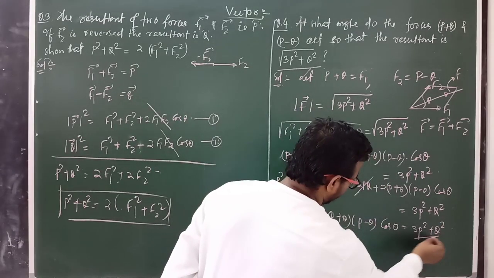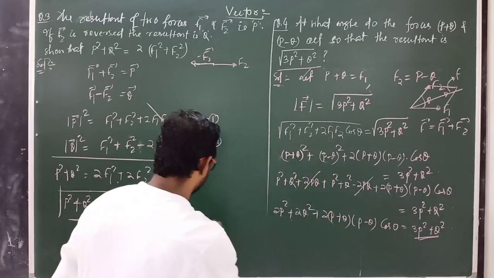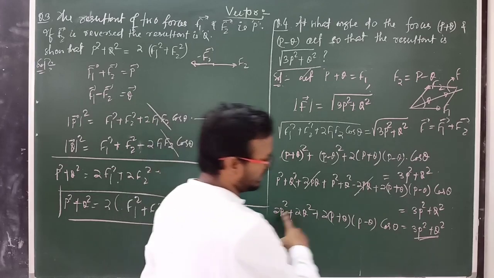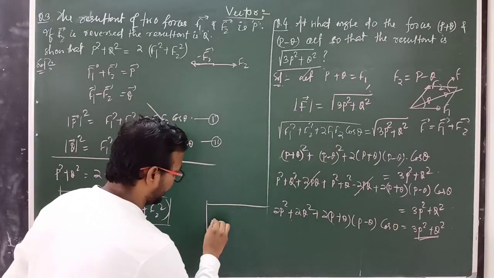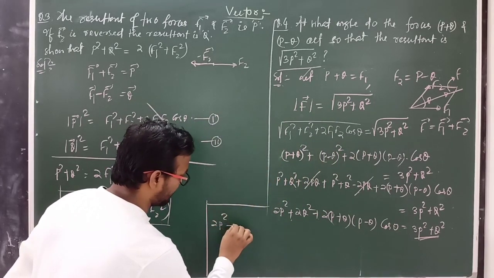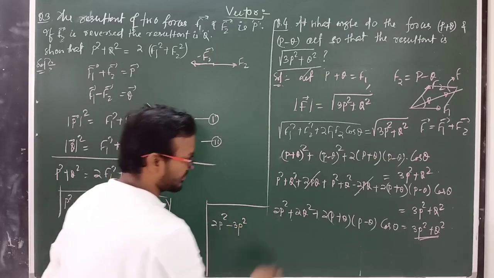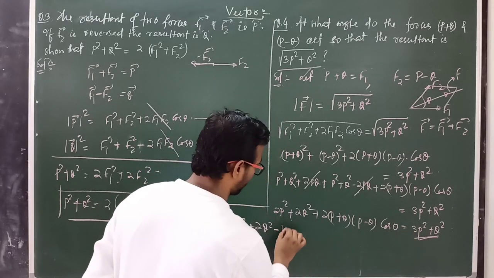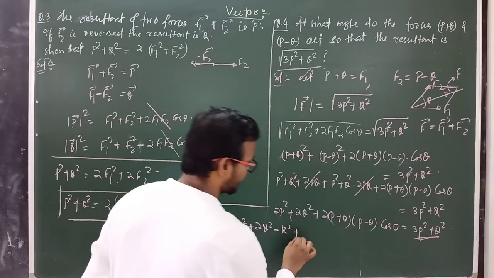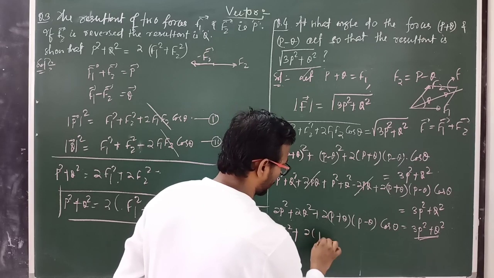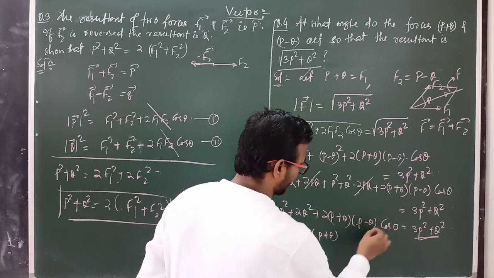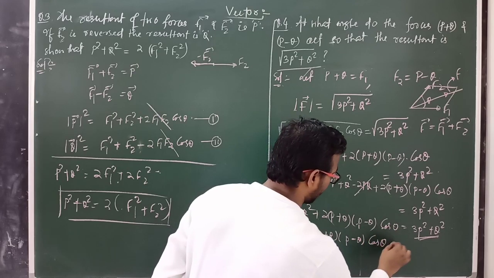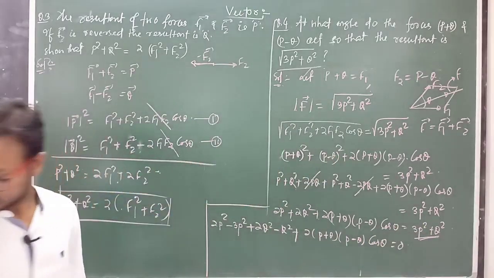Now take this right hand side to the left hand side, then we can write 2p square minus 3p square, plus 2q square minus q square, plus 2(p plus q)(p minus q) cos theta equal to 0.